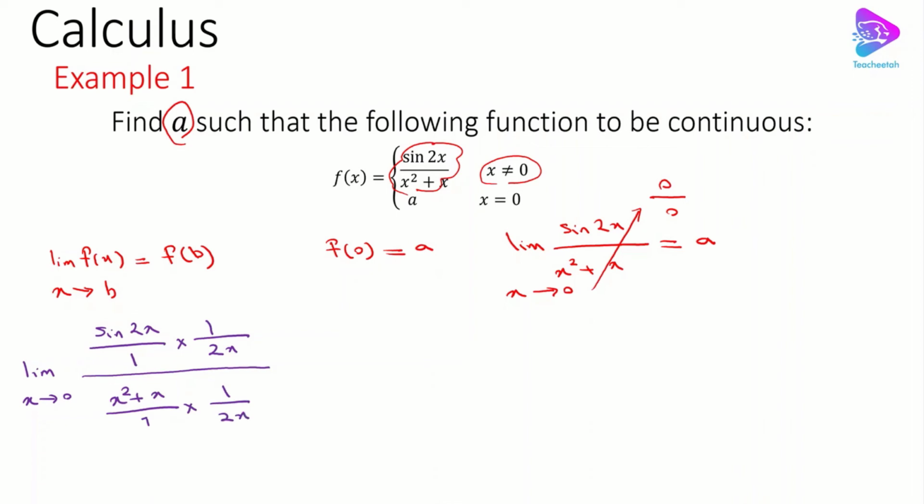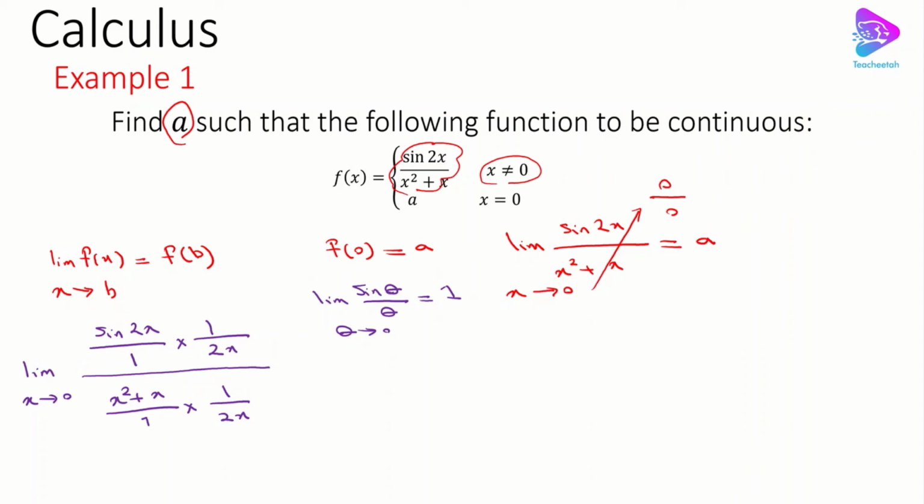If you look at the top part, what we have is sine of 2x over 2x, which recalls the limit of sine of theta over theta when theta is approaching 0, which is equal to 1. So the top part will generate 1.